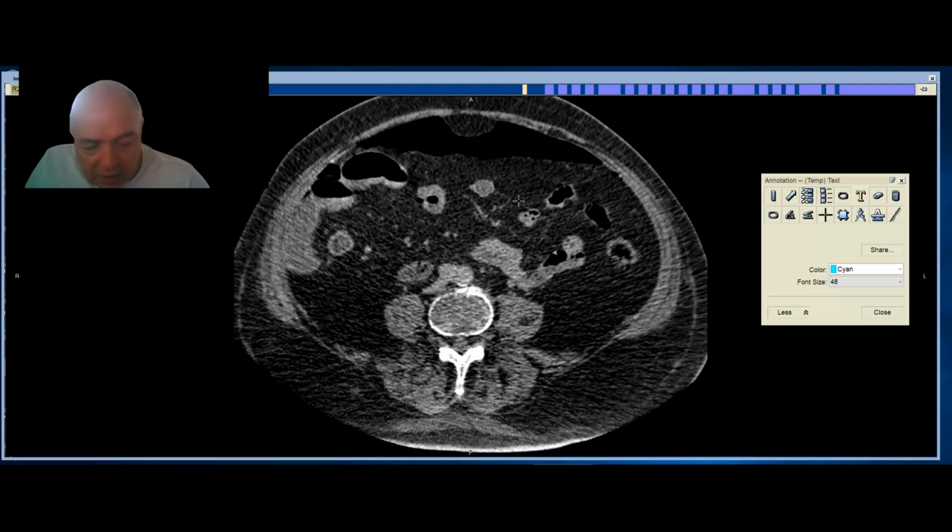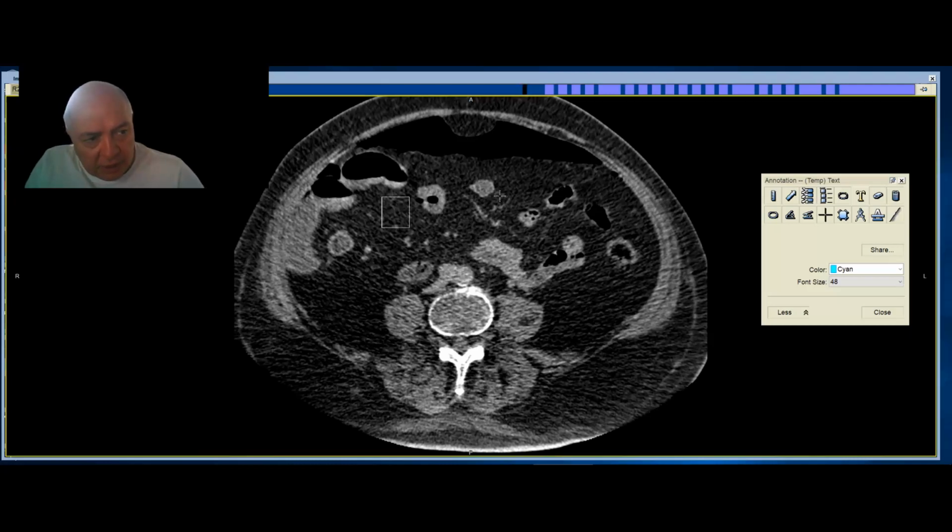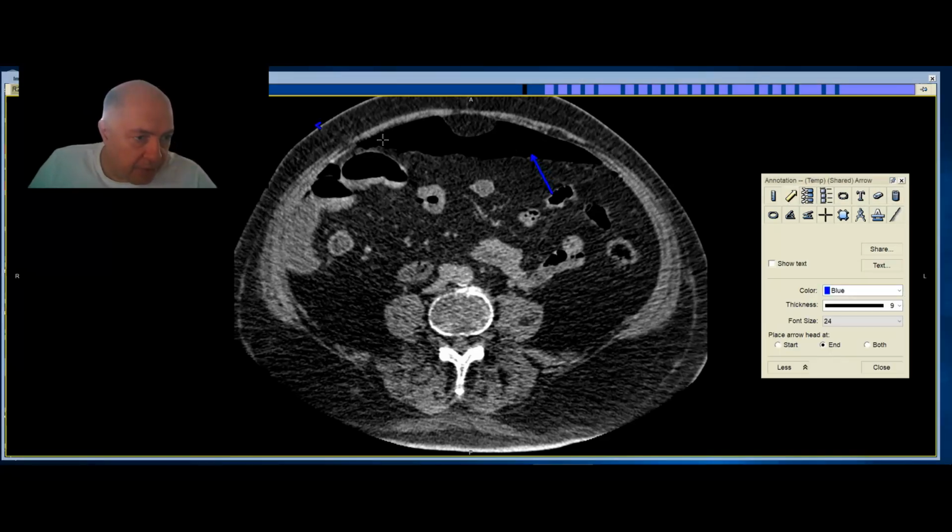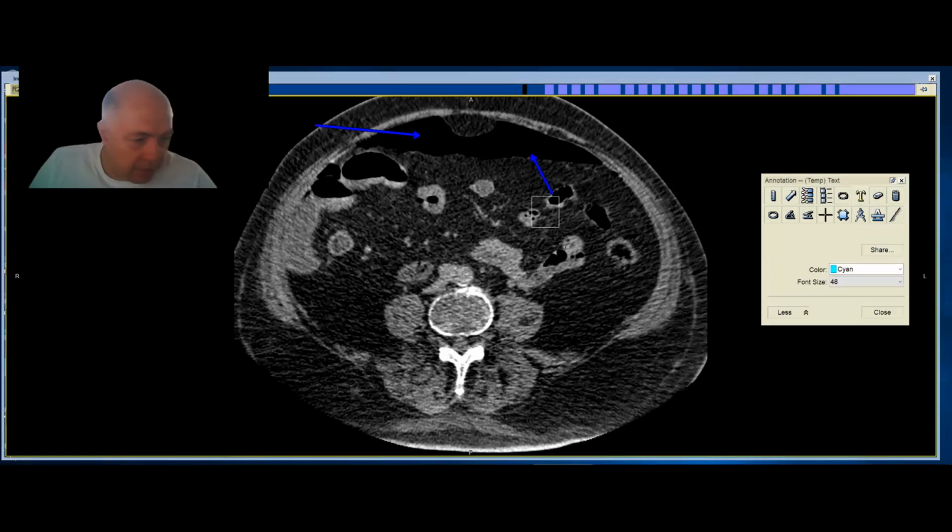And all this air, all this black area is free air. So free air.